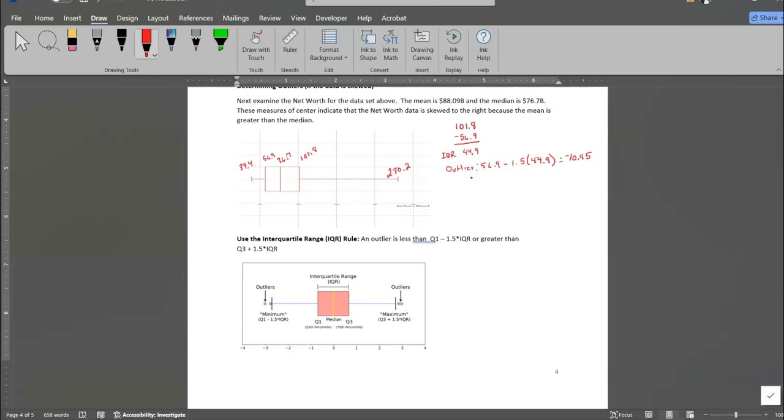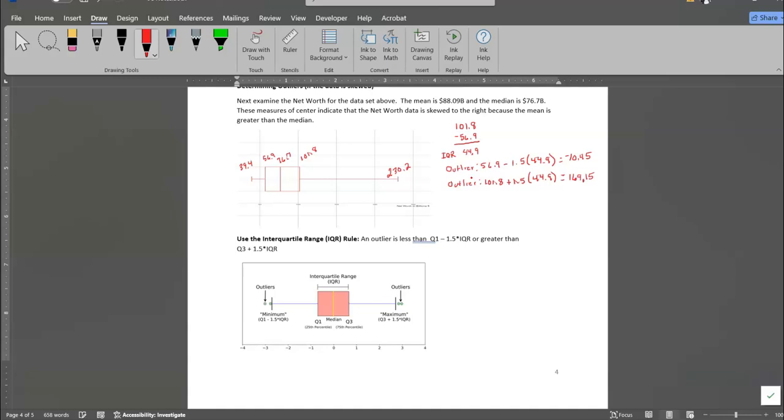Now for the other outlier, we're going to take the upper value, so 101.8 plus 1.5 times the range, which is 44.9, and we do this calculation. And that gives us 169.15.